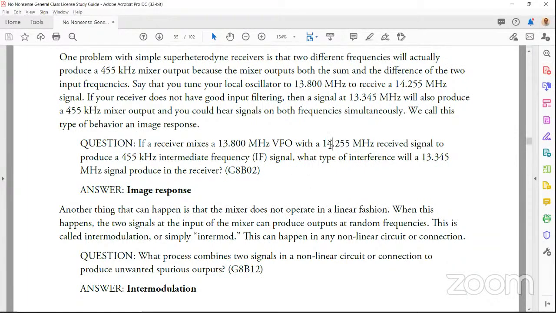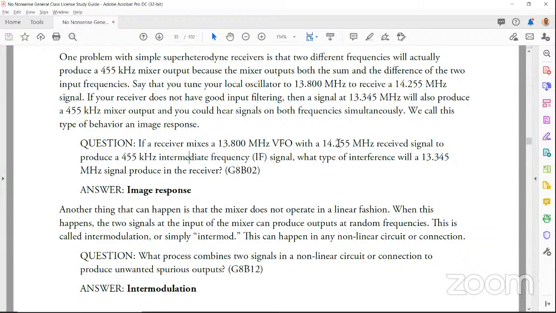Apart from the frequency that we desire, remember we said one of the frequencies was desired and the other one is not desired. So we are desiring 14.255 with the local oscillator or VFO that is generating 13.8 to get 455 kilohertz. But when we calculated, we saw that 13.345 megahertz also mixes with 13.8 and produces 455.